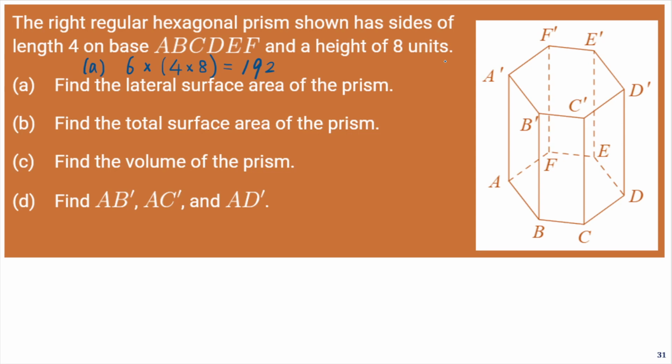Actually, we can break it into 6 equilateral triangles with the same side lengths. Therefore, the area of each base is given by 6 times 4 square root 3 over 4, which is 24 square root 3.